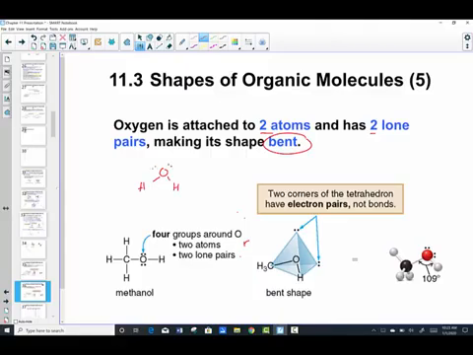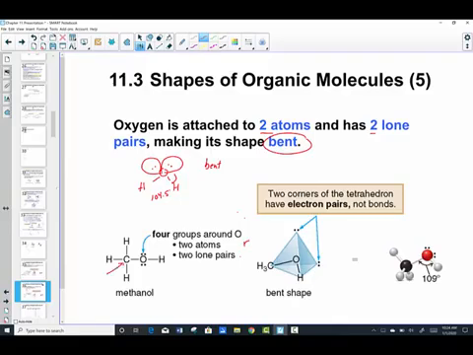Water, with its central atom of oxygen and two lone pairs, each leading out single bond hydrogens, gives us a bent shape. And the bond angles, again, because these are very large electron clouds, push together those hydrogens, they're reduced to about 104.5 for the bond angle between them. So two corners, two electron pairs give us a bent molecular shape.